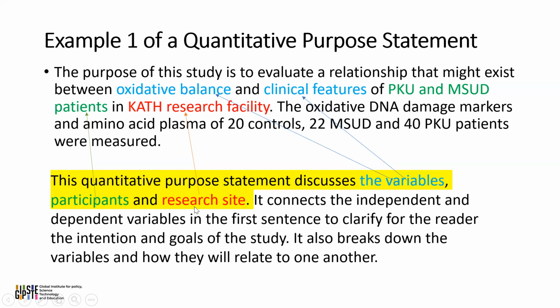Where? The research site, CAF research facility. So it connects the independent and the dependent variable in the first sentence to clarify for readers the intention and goals of the study. It also breaks down the variables and how they will relate to one another. This is a typical quantitative purpose statement.